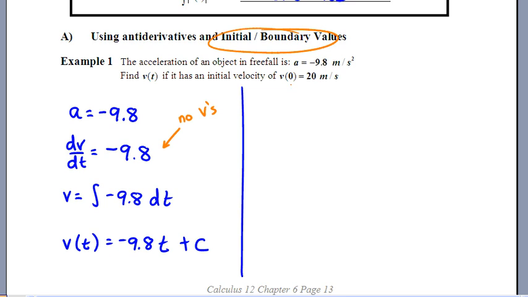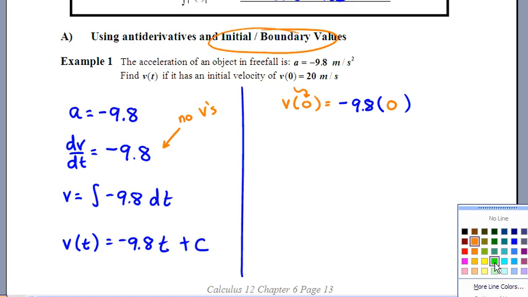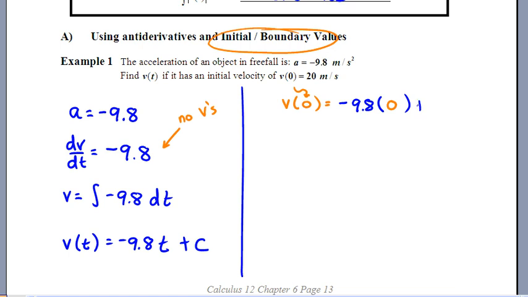I know, according to this story here, that the velocity, when you put 0 in for t, needs to work out to be 20. Looking at what I made, I have negative 9.8 t plus c. So at time 0, negative 9.8 times 0, and then I add on my c, I need to get 20.